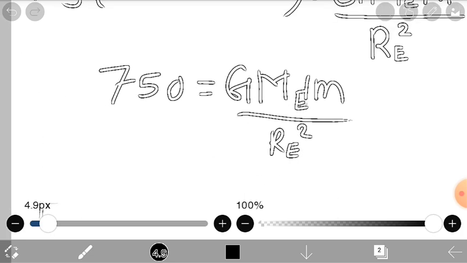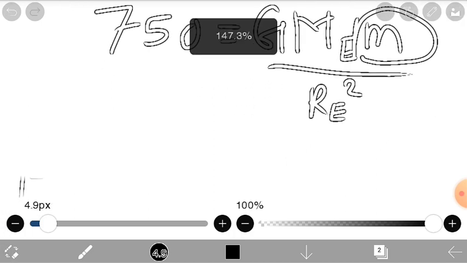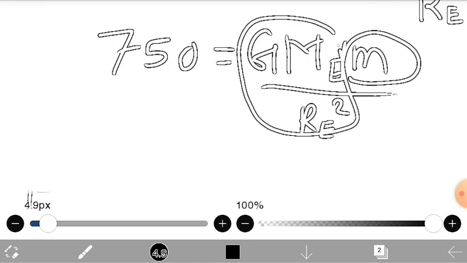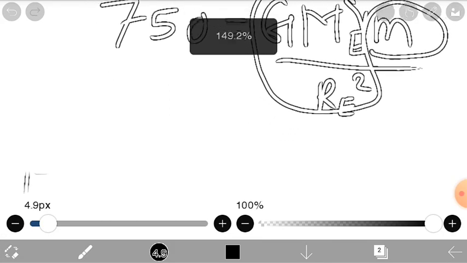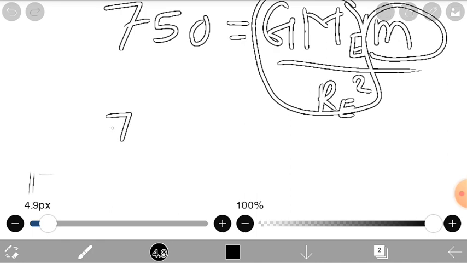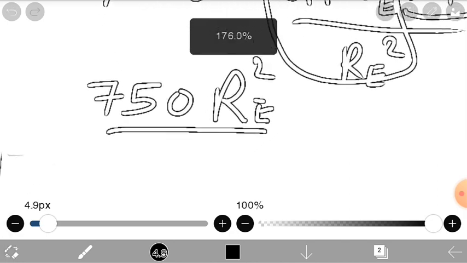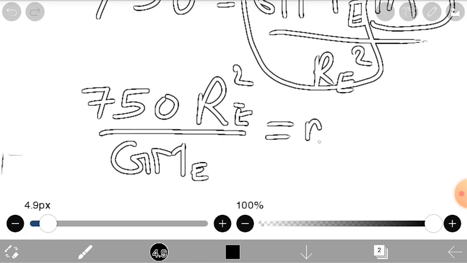Therefore here, if we put the mass on the left hand side, and this remaining side towards the right hand side, we will finally get 750 into radius of earth square upon g into mass of earth equals m.